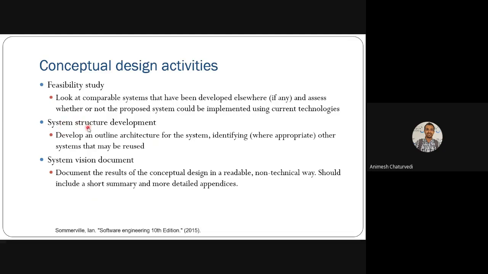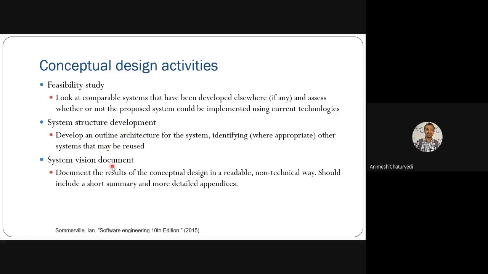Then systems structure development: a particular architecture is defined in the systems architecture, and then you keep developing, and the engineering part keeps going, connecting different components, identifying whether a component is appropriate or not, how to connect it, whether it is possible to connect or not, and whether that component could be reused or not. All these things come under system structure development.